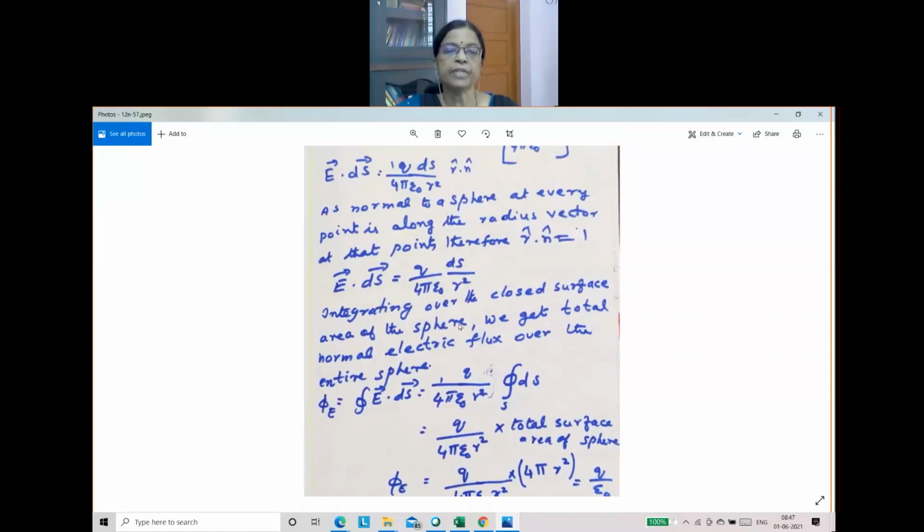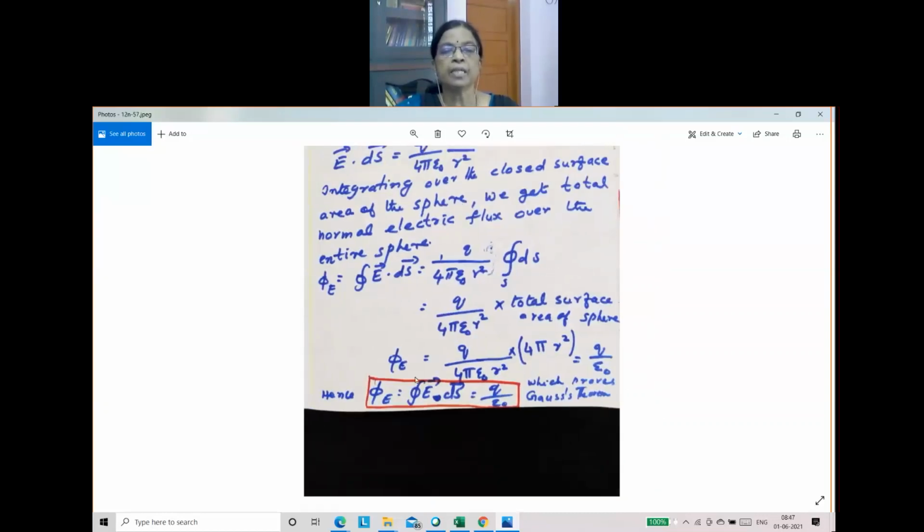Left side of the equation, integral E dot ds equals Q by epsilon 0. Here, this electric field can be due to other charges. If outside the Gaussian surface one charge is there, its electric field also we have to consider. So on the left side of the equation, you have to consider the electric field due to all the charges, whether inside or outside the Gaussian surface. Net electric field is this.